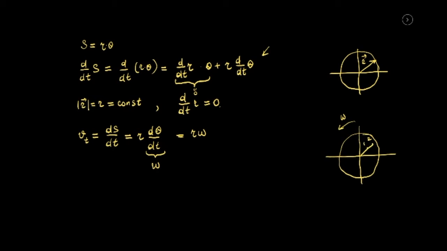After some time, these 2 points will come to this position. Which means even though their arc lengths are different, and also their radius vectors are different, the omega in this case for the first and second point are equal to each other.